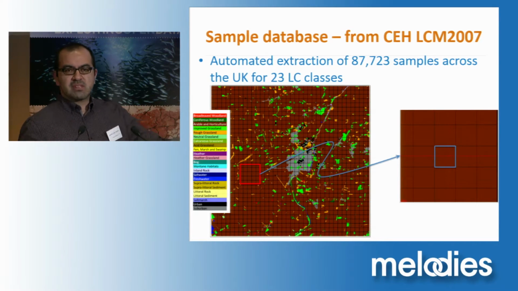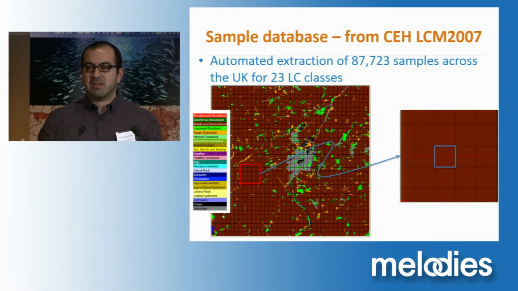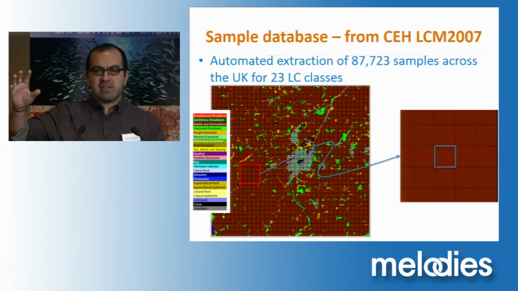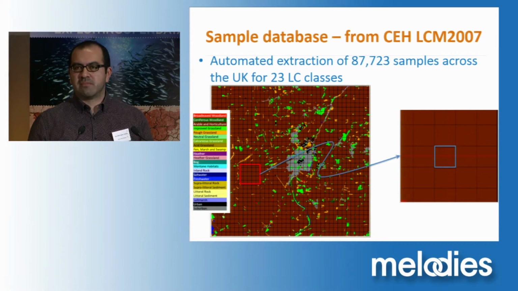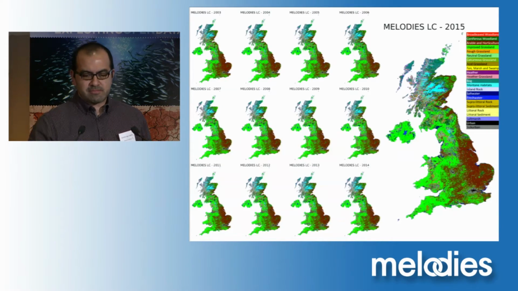The grid is the simulation of the MODIS pixel. When we have a pixel that is surrounded only by pixels of the same class, we can consider that it can be used as a training data set. We performed some other steps, and in the end, we ended up with about 87,000 pixels.